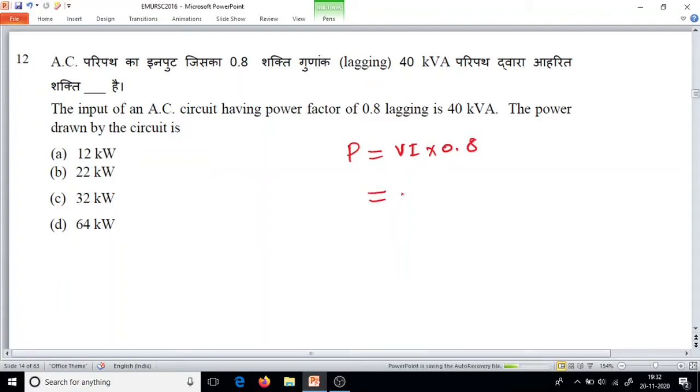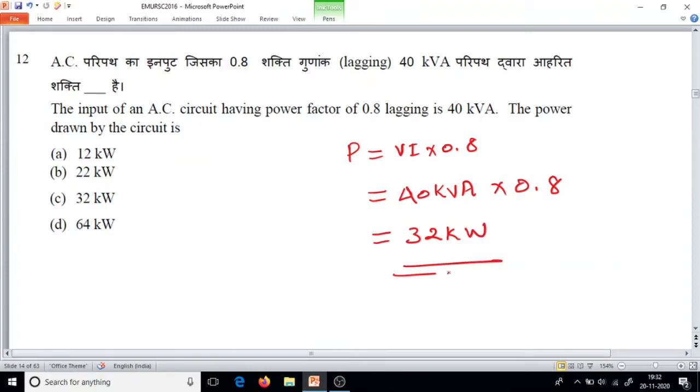VI he has given 40 kVA. So 40 kVA multiplied by 0.8, the power factor. So it comes to 4 8s are 32, 32 kilowatt. So the answer is option C.